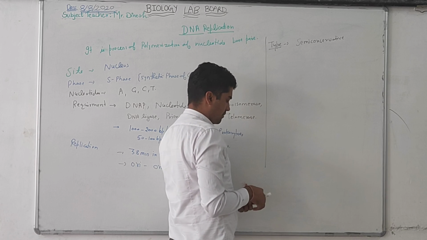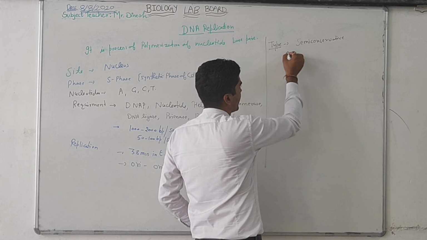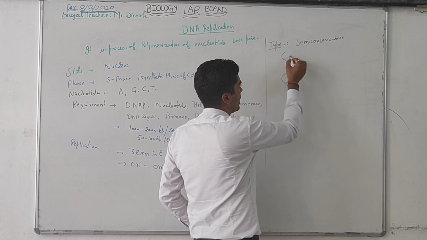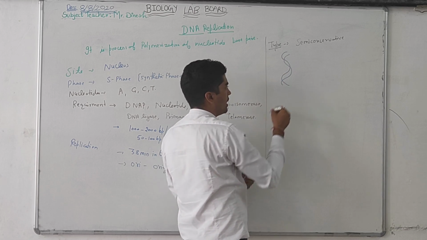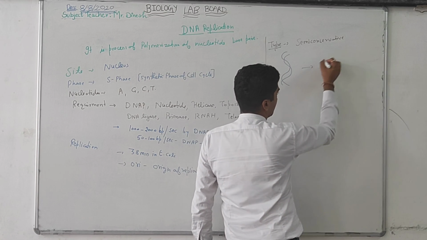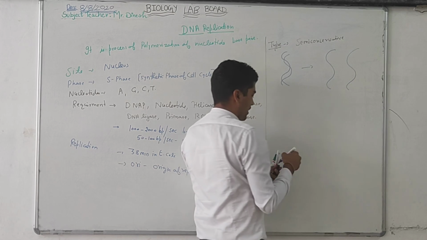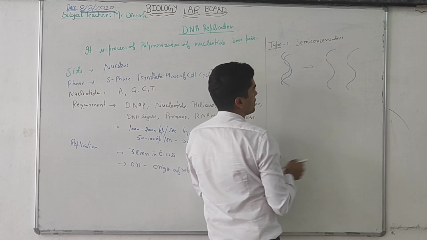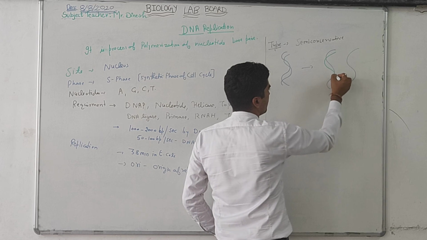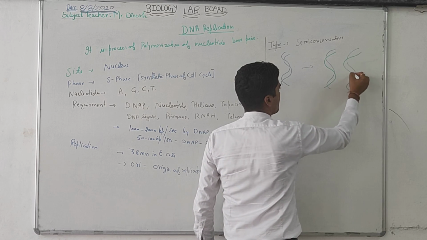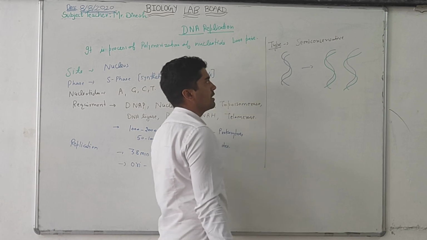In most organisms, semi-conservative replication takes place. What does it mean? It means that if these are the two strands, then after replication they will form one new strand and one parental strand. This is the new strand, this is the parental strand. So semi-conservative.